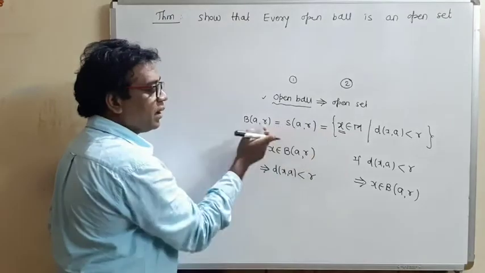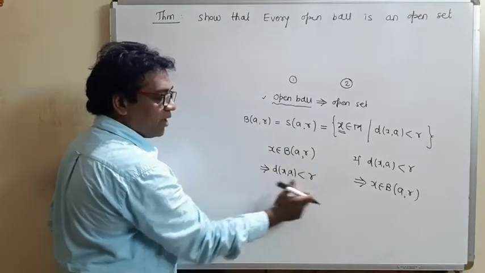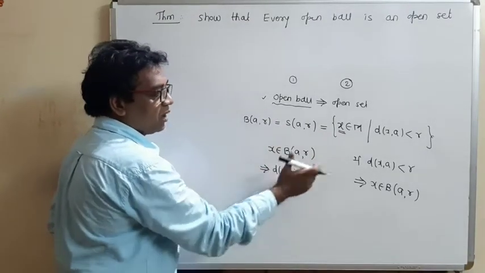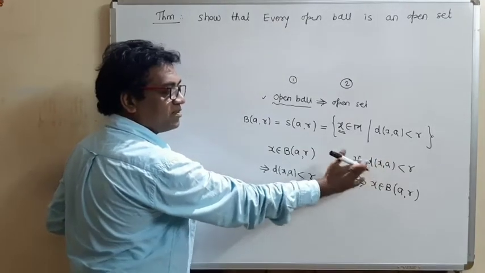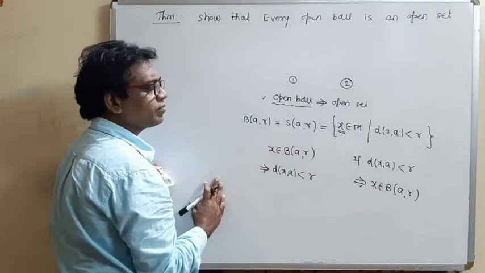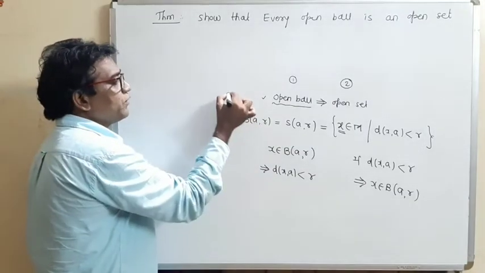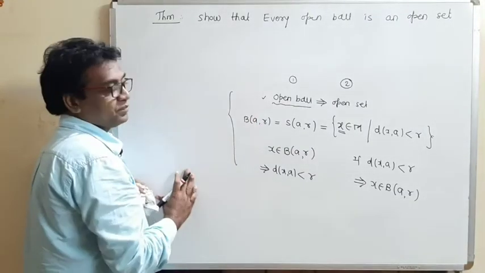If X is an element of this open sphere, then we have this condition, or if we have this condition, then X is an element of the open sphere. So we have seen this definition in the last video.